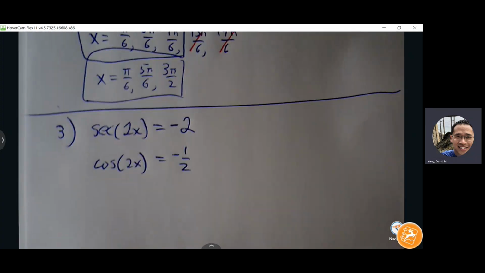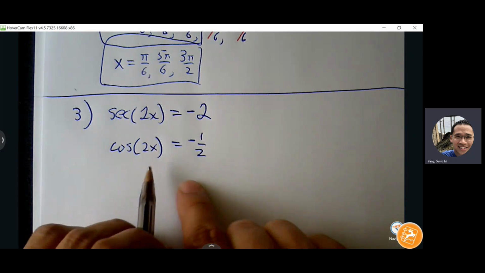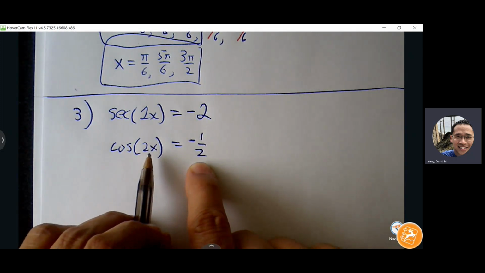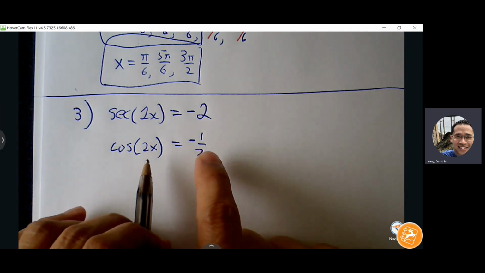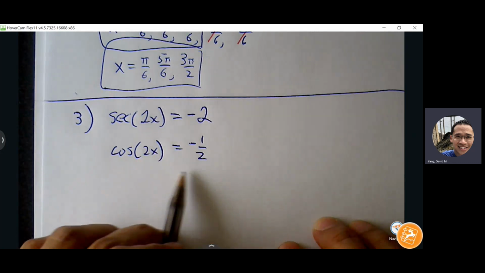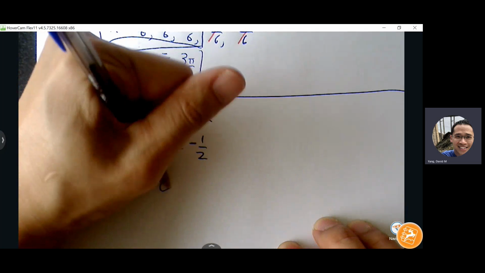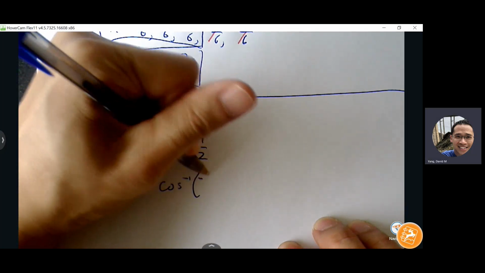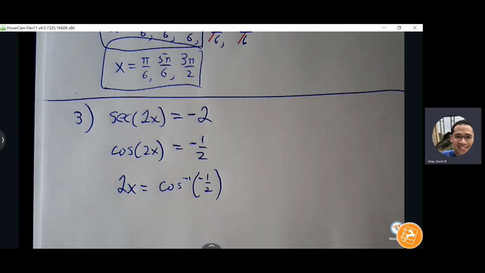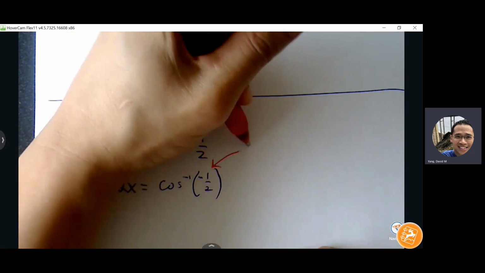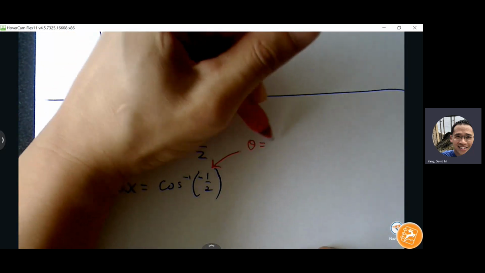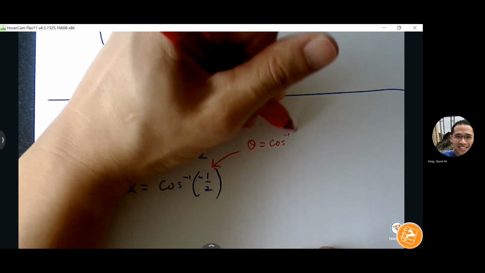I'm going to practice using the multiple angle strategy here. I'm going to bring this cosine over, and just try to get that 2x by itself and get that inverse cosine to show up. Whenever I see inverse cosine, I'm thinking that's really a way of saying theta. I'm looking for theta here.